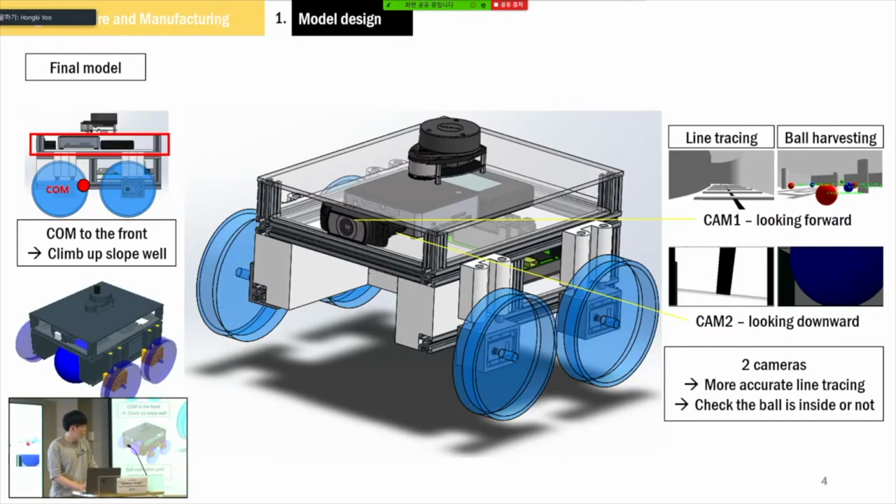And another improvement is the number of cameras. For ball harvesting, our first primary camera faces forward, but it makes line tracing difficult. So we added a secondary camera to ensure accurate line tracing. And this camera also determines the color of the ball the robot is currently carrying.